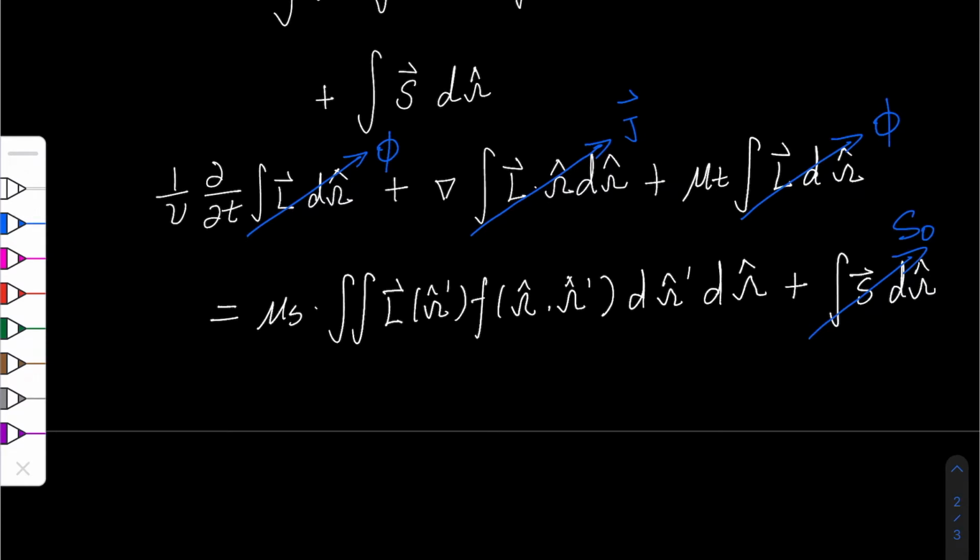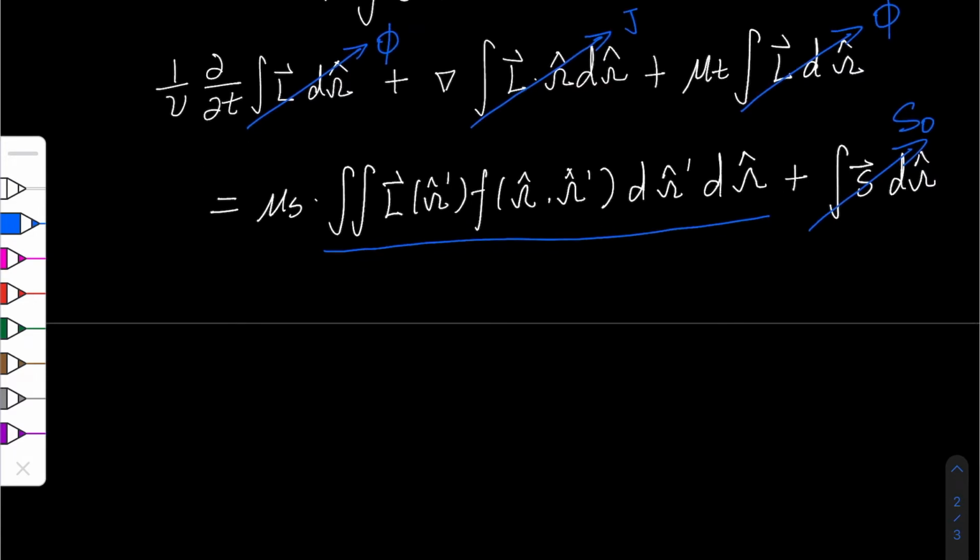The first term on the right hand side of this equation is a little bit complex, so I will explicitly derive how to simplify it.